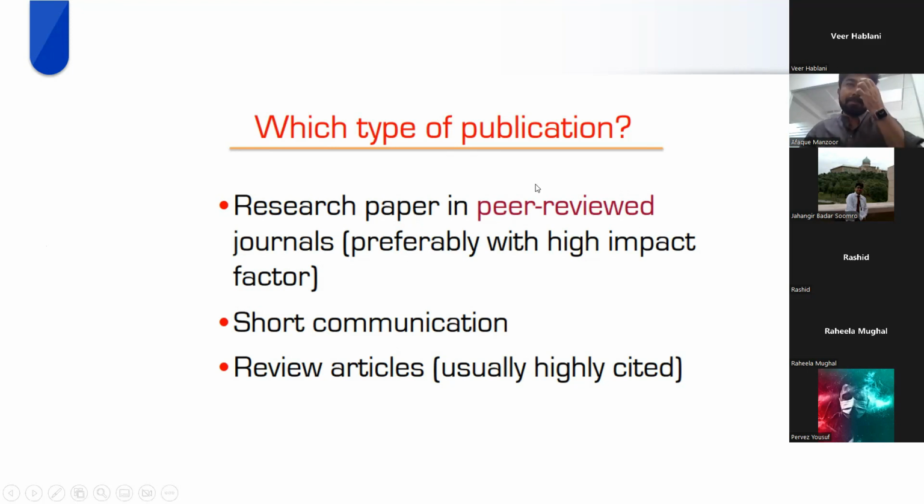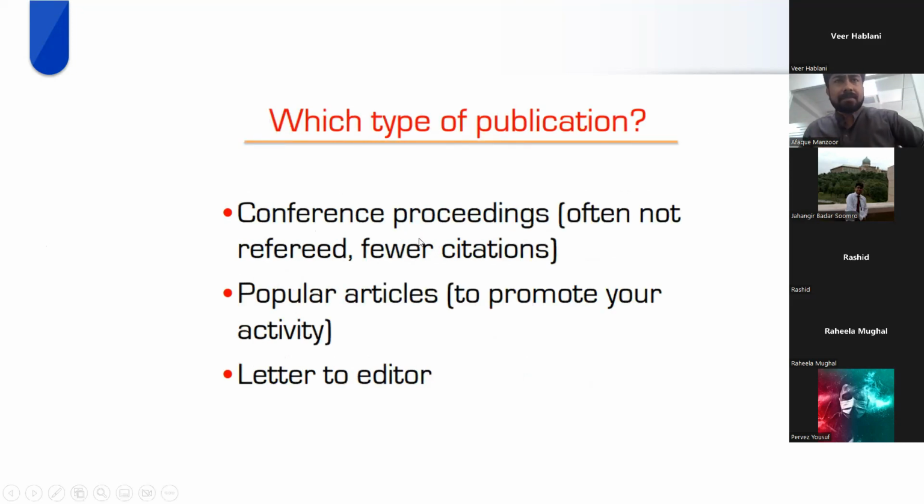Peer reviewed, I mean, all impact factor journals have a peer review process. It means the editor of the journal sends the submitted manuscripts or articles to independent reviewers, and then they provide their technical comments, and you start incorporating them in order to improve your manuscript. And that's how things work. Then again, conference proceedings are also there.